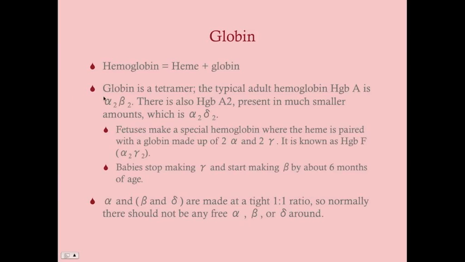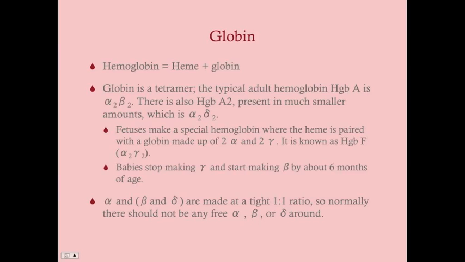So you shouldn't be making significantly more alphas than you're making betas and deltas. So it should be at a tight 1:1 ratio. There should never be free alpha, beta, or delta around. Never in a normal person should there be any alpha 4 tetramers or beta 4 tetramers and so forth. So they're made at a controlled ratio.